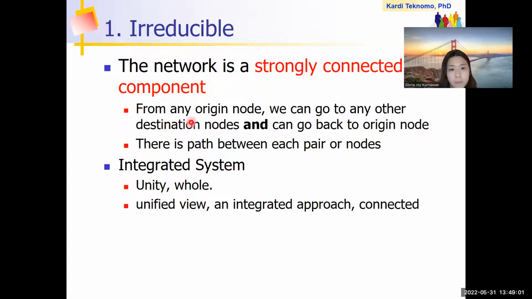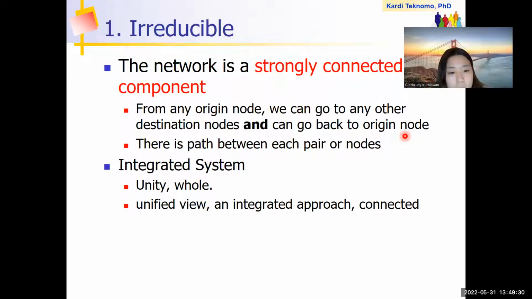So again, what is the meaning of irreducible? Strongly connected, right? From any origin node, you can go to any other destination node, and don't forget this, and you can go back home. So a transportation system is of course strongly connected, right? Otherwise you can go somewhere and then you cannot go home. That is not okay. So a transportation network is always strongly connected.